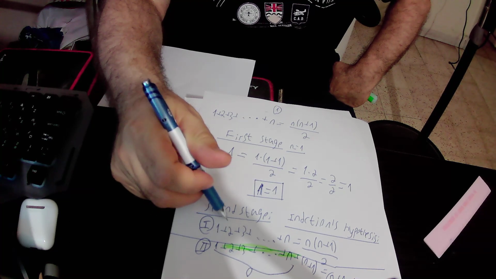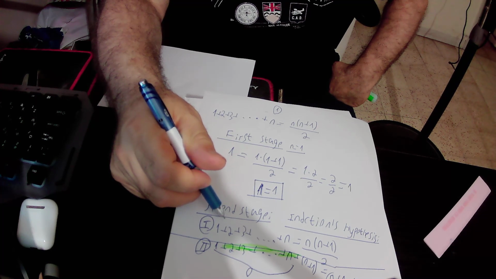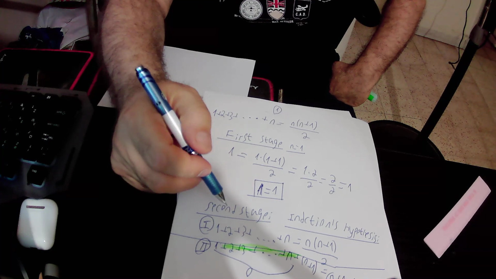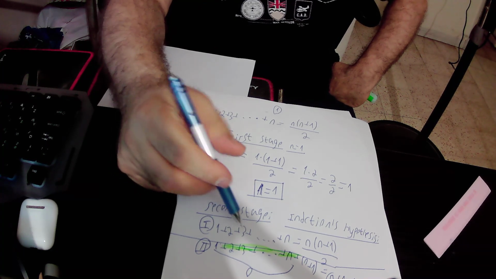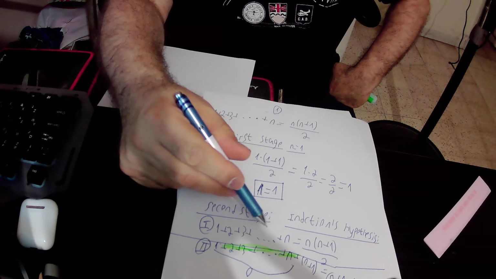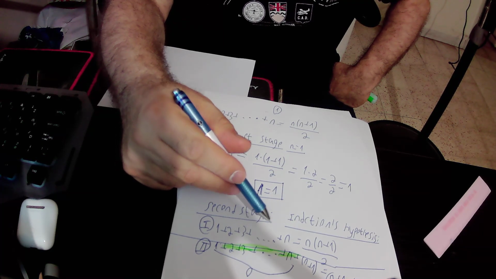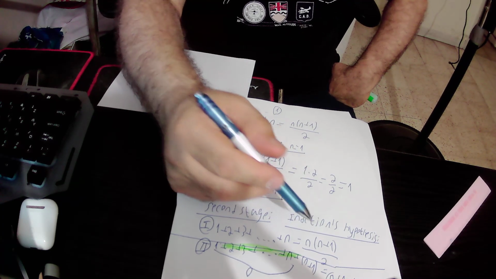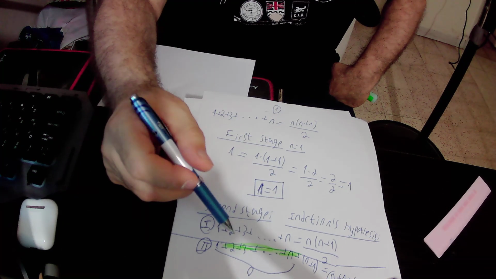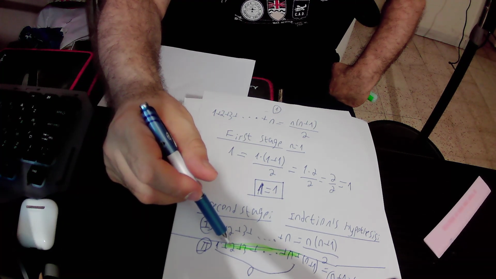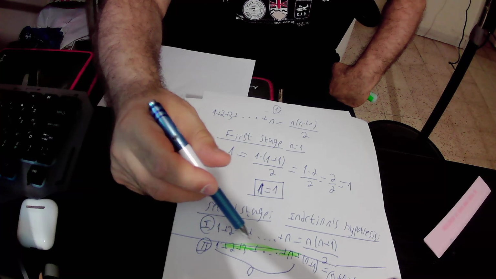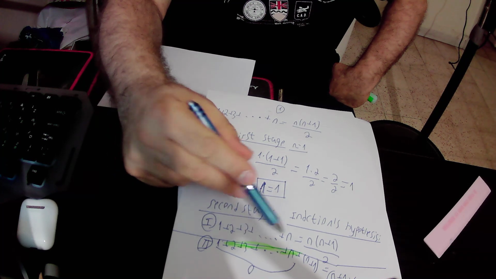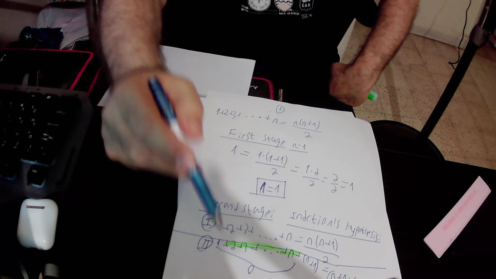Yes, it is exactly the left side of equation 1. This equals this, and in equation 1, 1 plus 2 plus 3 plus ... plus n equals n times n plus 1 divided by 2. So we can substitute the expression in the green color by n times n plus 1 divided by 2, because these two expressions are equal to each other.